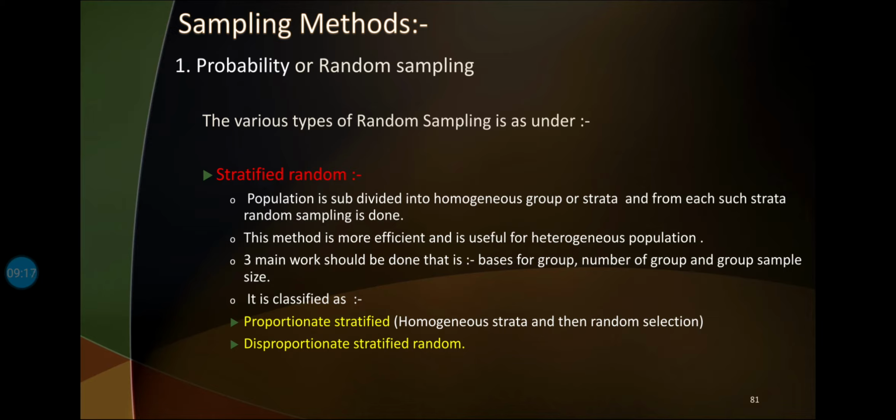First you will group the schools into subcategories, maybe primary, middle, and then higher secondary or secondary school. So you have created three strata now. Now out of those three strata, you will take some samples by a random sampling method.